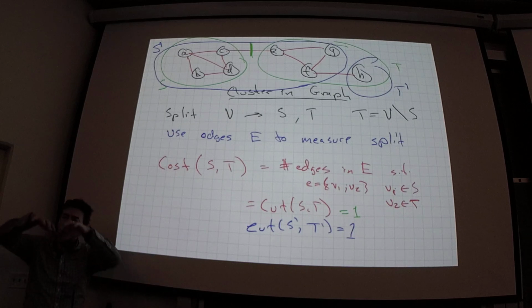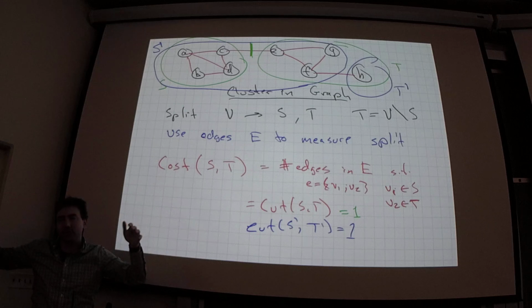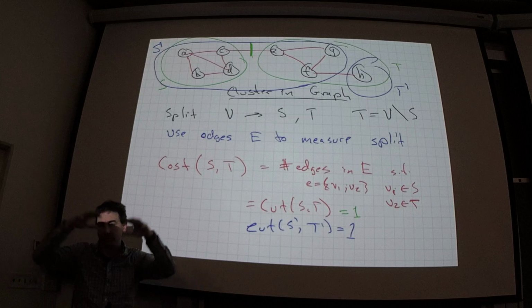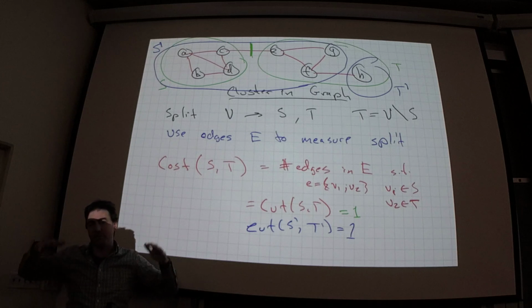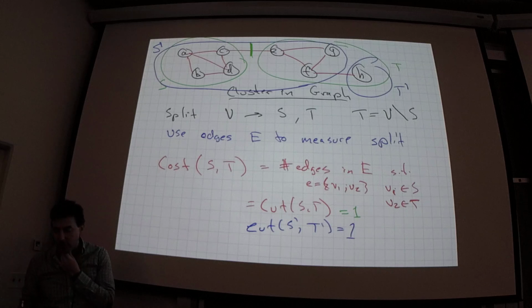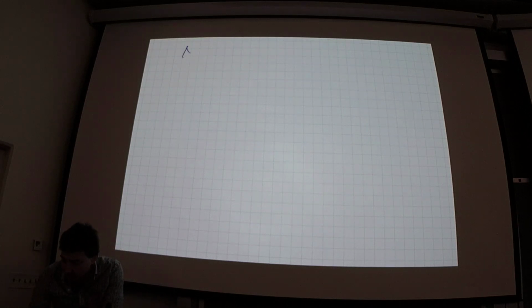Right, this makes sense. If I'm building a hierarchy, I want it to kind of be even. Just like in data structures, you want a balanced binary tree, not just any binary tree. The balanced binary tree tells you the depth is bounded. There's lots of advantages to this. Okay, so I want to do something called the normalized cut.